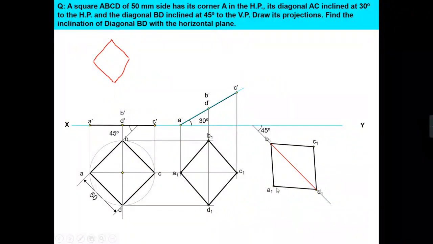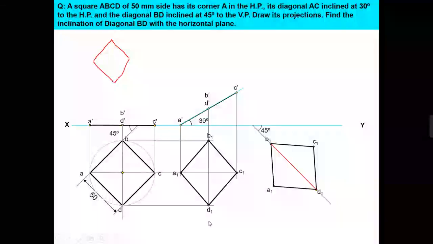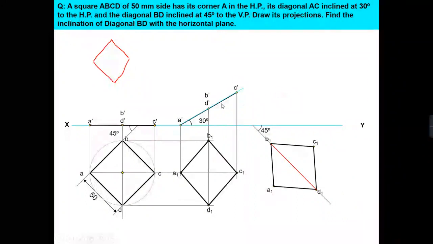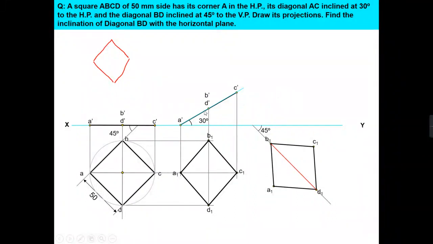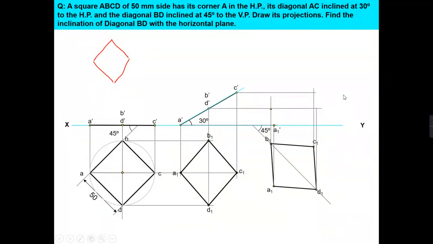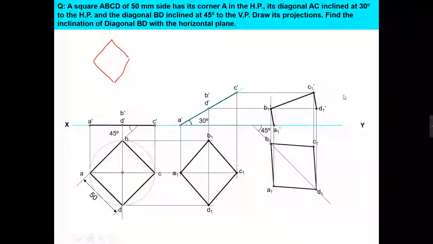Then I can mark points A and C with respect to B and D. So I will get the same square here. After that, I can mark the points in the vertical direction, and from the front view, I can mark the projectors in the horizontal direction. So I will get all the points, so this is your final front view.